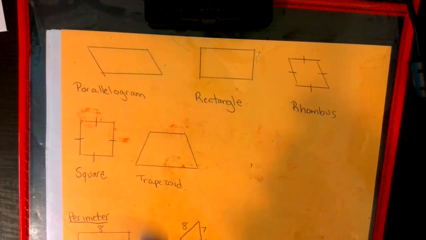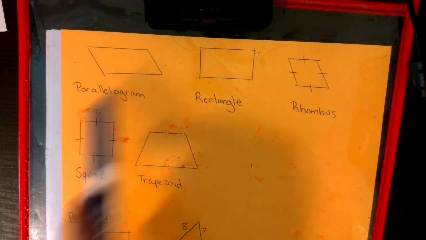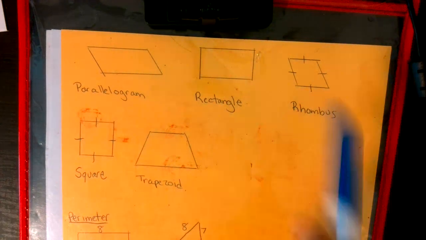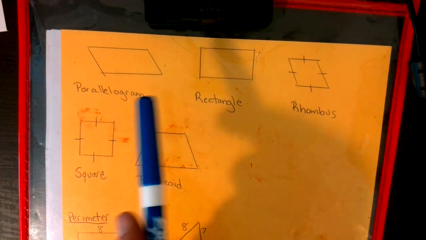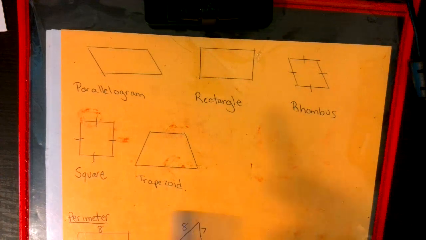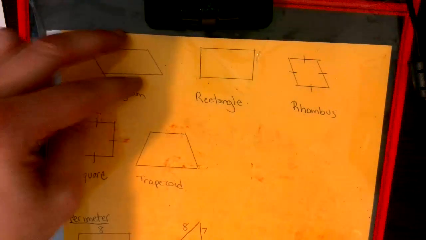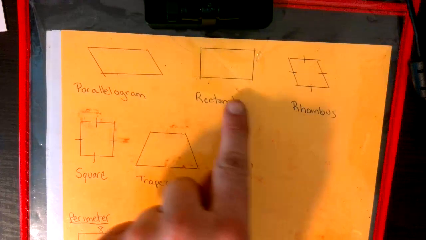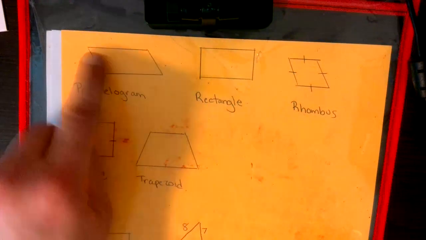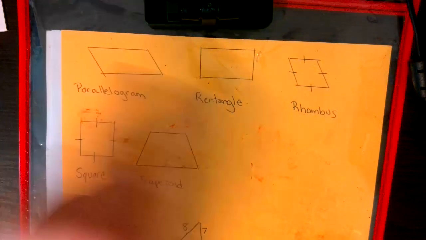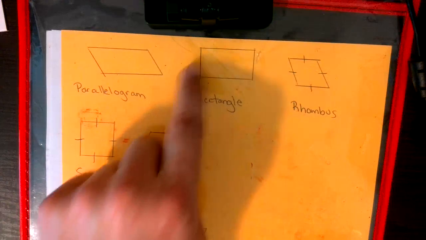These are the four-sided quadrilateral family. This is what a parallelogram looks like. Opposite sides are equal. Looks a lot like a rectangle, except the corners are not 90 degrees. The rectangle has 90-degree corners.